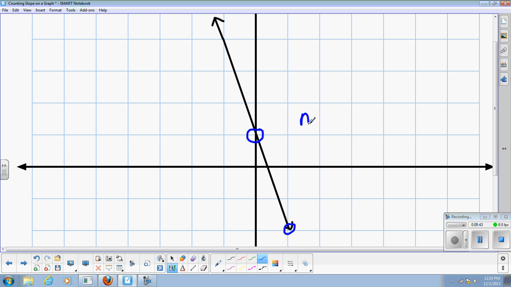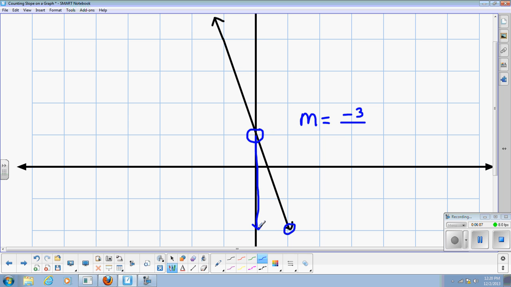So let's write M for my movement or slope, and let's count now. I'm going to count, and since I'm moving down, this is a negative movement. How far do I go down? I go down 3 spaces, so I'm counting a negative 3. Counting a negative 3, down 3.